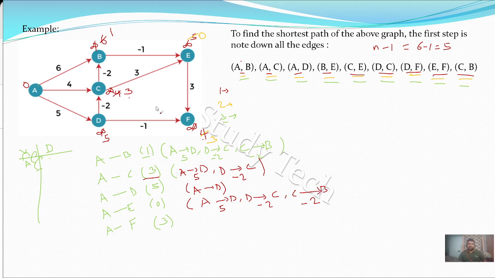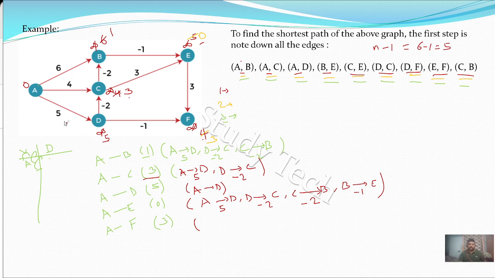Now B to E, the cost is minus 1. Now you can see 5 minus 2 minus 2 minus 1, that is 0. Here it is 0. Now A to F is 3.